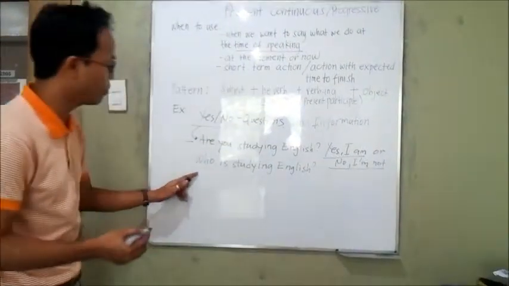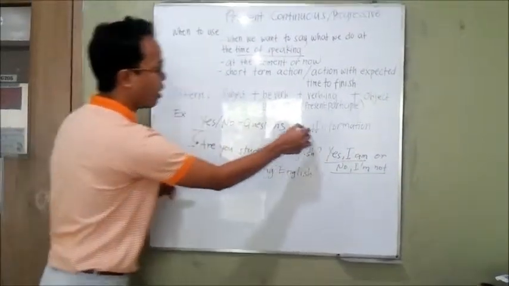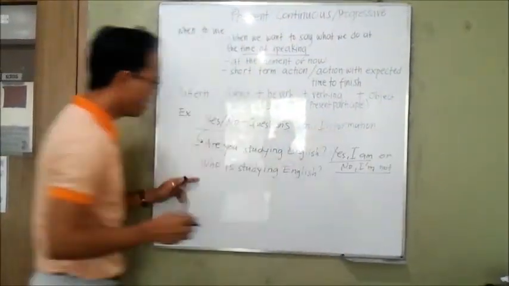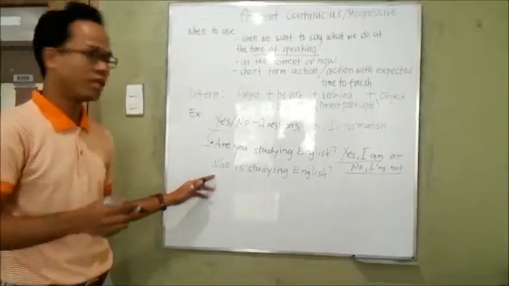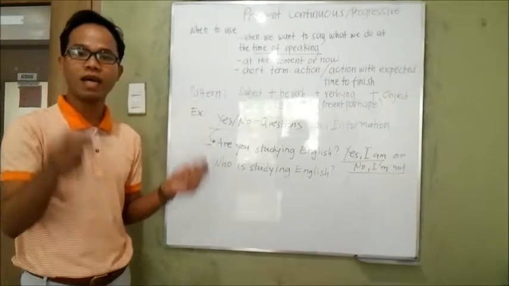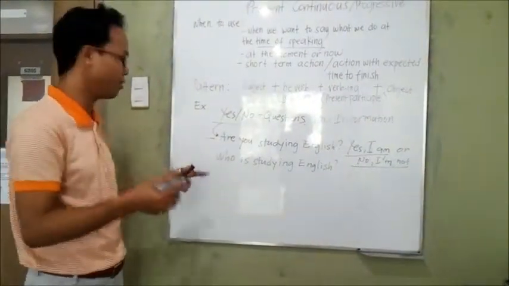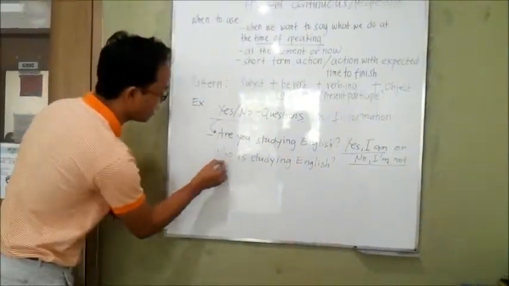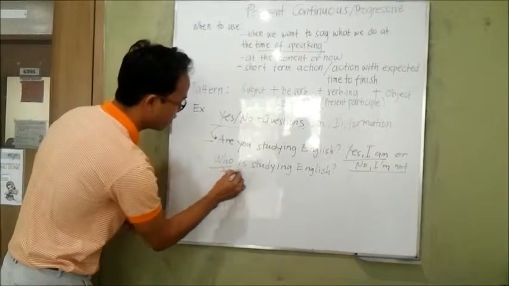Let's move on now to making information questions. An information question, of course, starts with who, what, when, why, how, where, and so on. You can see here that this is who.